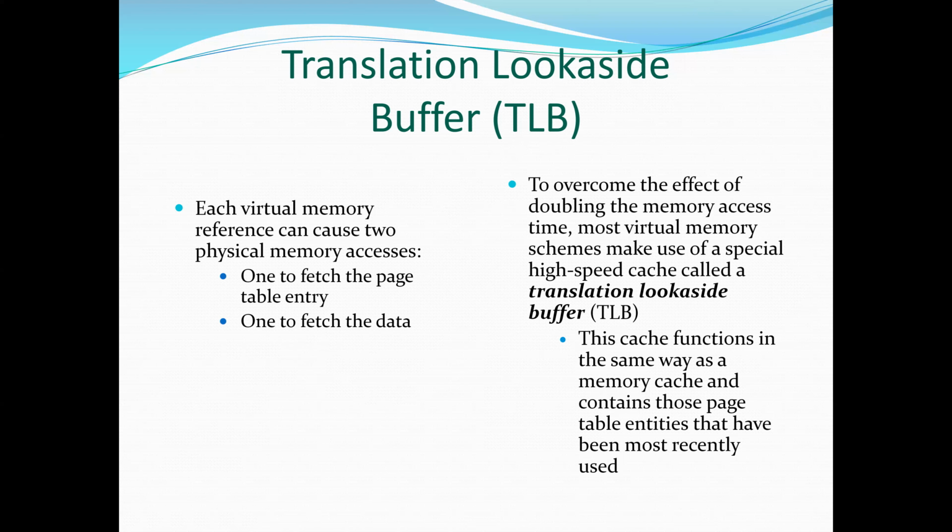We know we can get data from main memory, but it's slower compared to getting data from the cache or the register. Again, each virtual memory reference can cause two physical memory accesses, one to fetch the page table entry and the other to fetch the data.